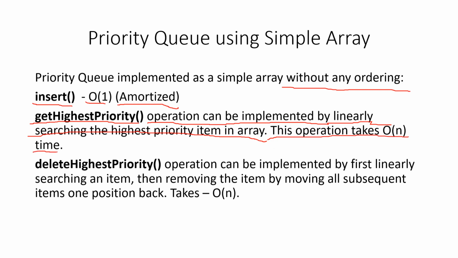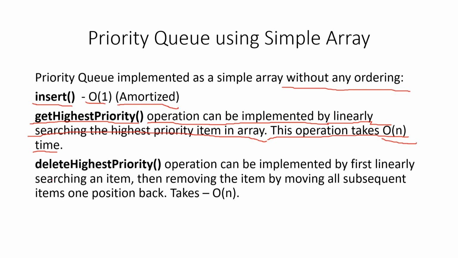It means that you just take an element and put it into the array without looking at the priority. But the problem is that when you call get highest priority, you need to go through the whole elements and take the element with the highest priority. That's why the time complexity is O of n.